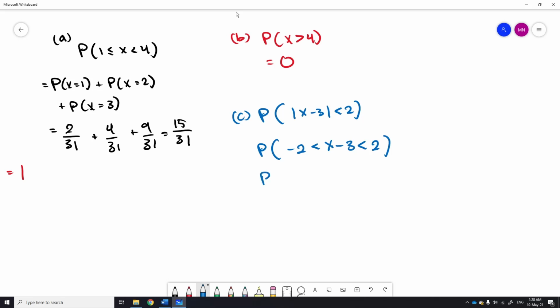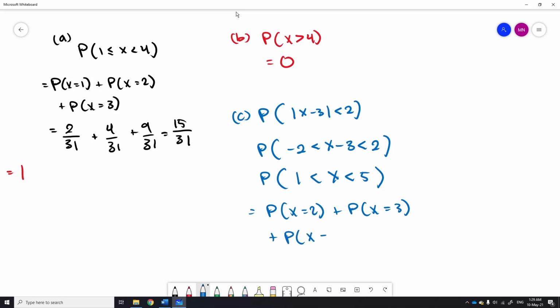Then we calculate the probability of 1 less than x less than 5. That covers p(x equal to 2) plus p(x equal to 3) and plus p(x equal to 4). So it counts 3 over 31 plus 4 over 31 and plus 16 over 31, equal to 29 over 31.